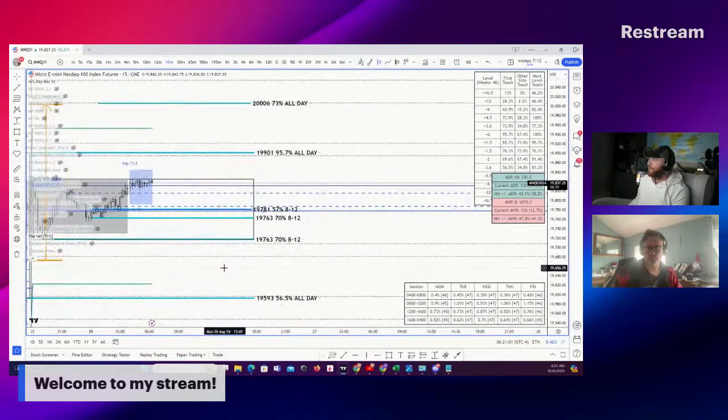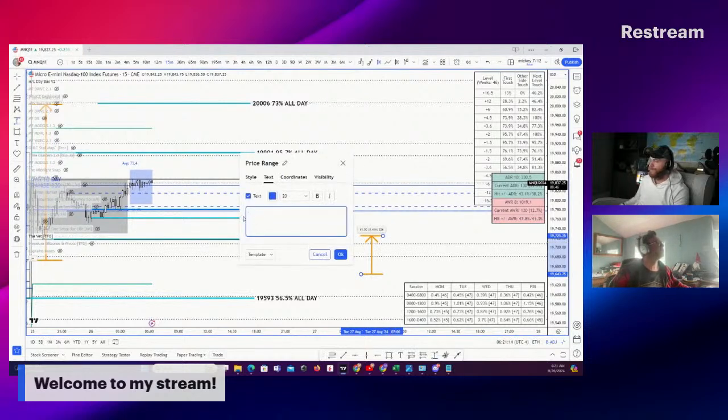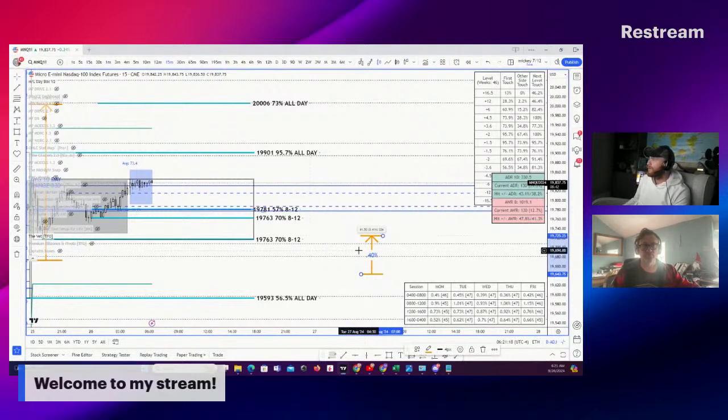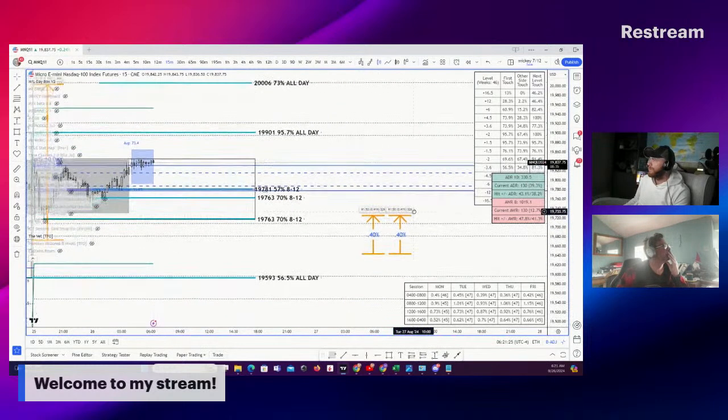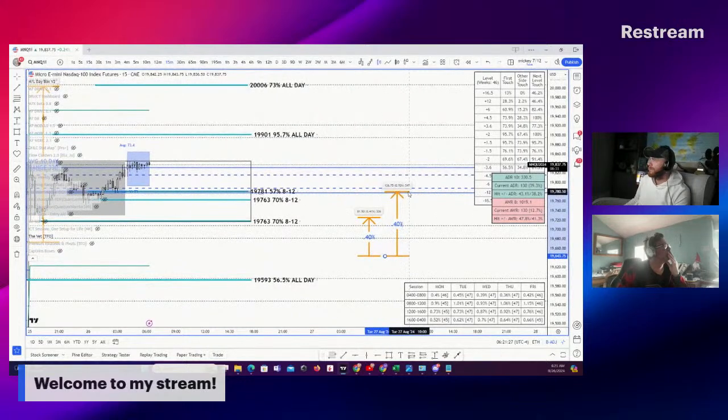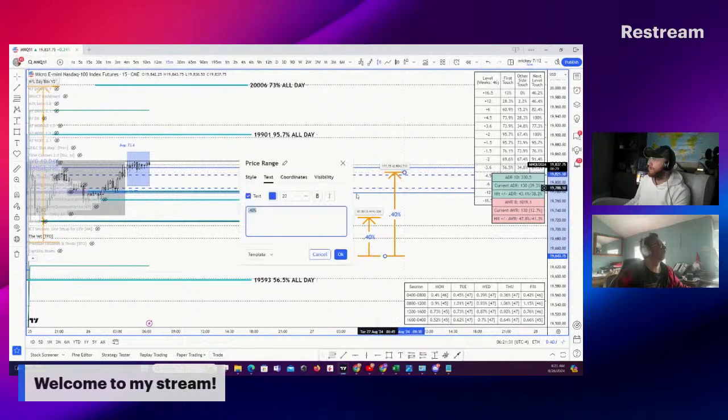All right. So we can see that on a Monday, the last 46 Mondays, the average distribution was 4. We can see that from 8 to 12 over the last 45, it was 0.9%.